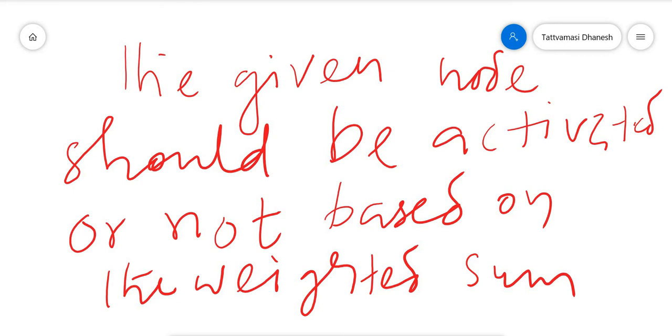The commonly used activation functions in neural networks are, first, the step function.